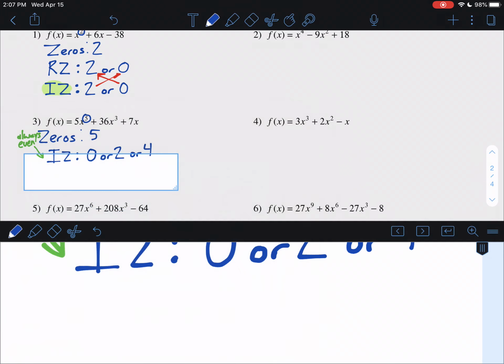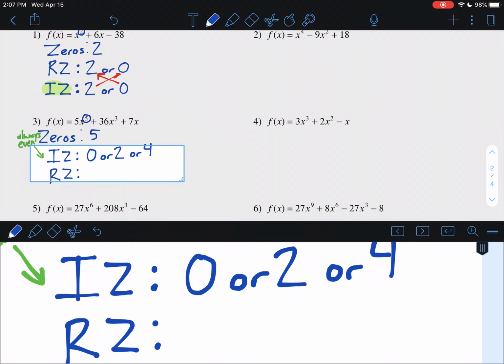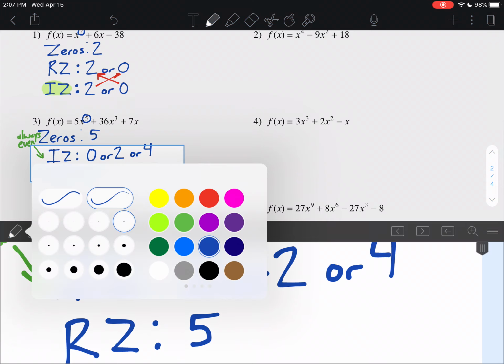Okay, and then the real zeros. We said there are 5 zeros total in this polynomial. So if none of them are imaginary, that means 5 of them are real.